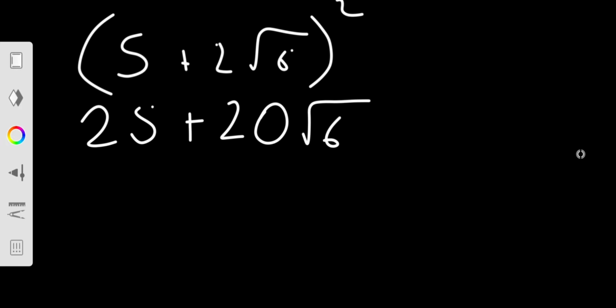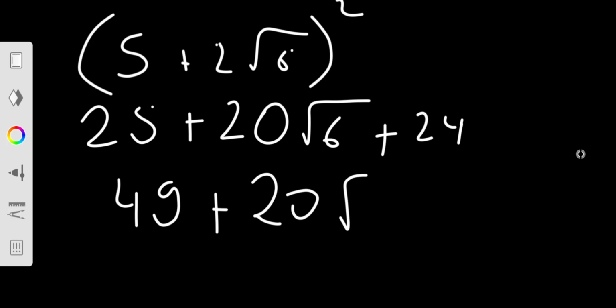The focus of solving it is to give you the idea, plus the square root of the other part. Well, 4 versus 6, 24. So 24 plus 25 is 49, plus 20 square root of 6.